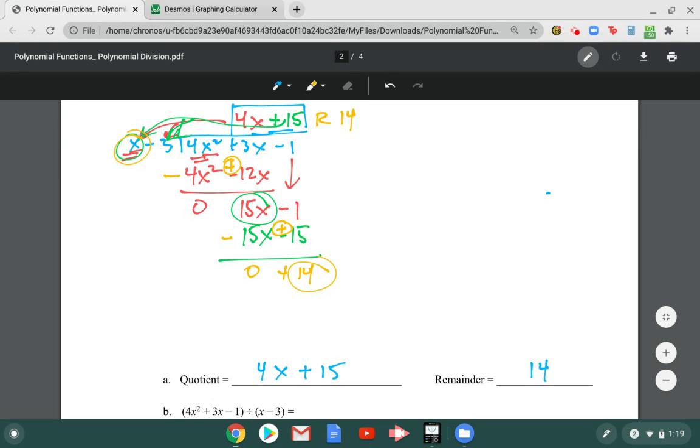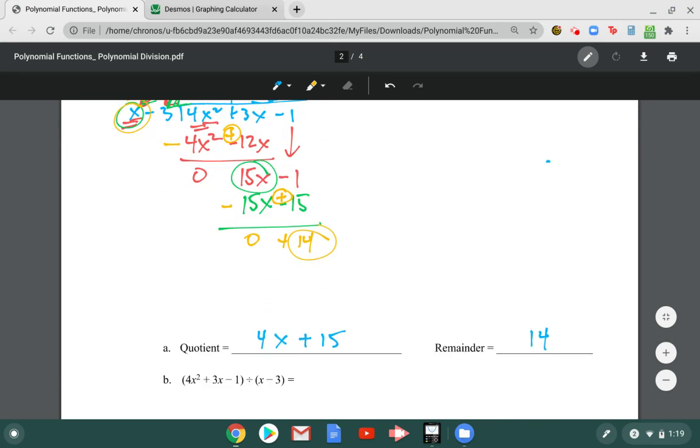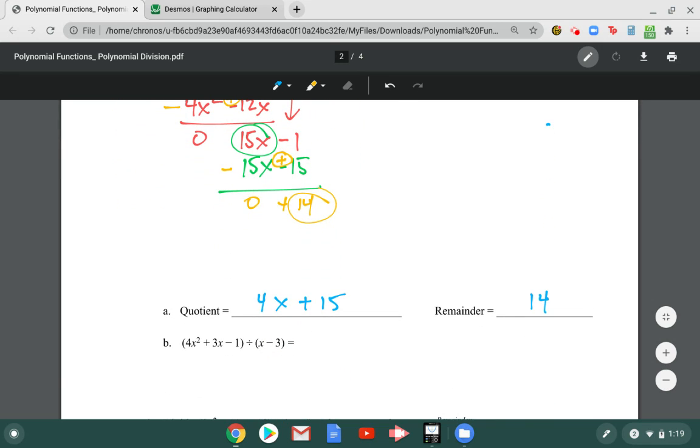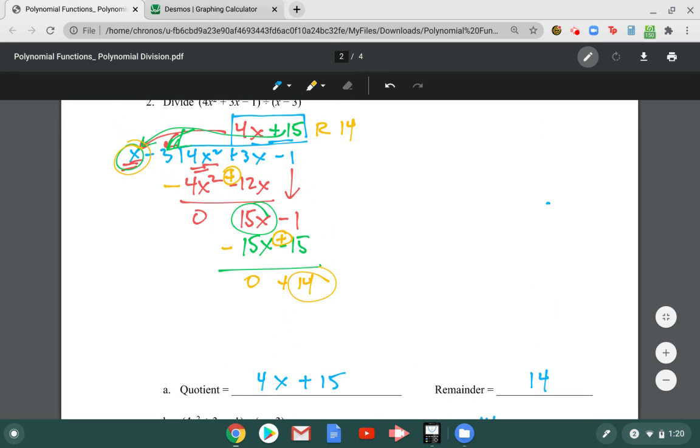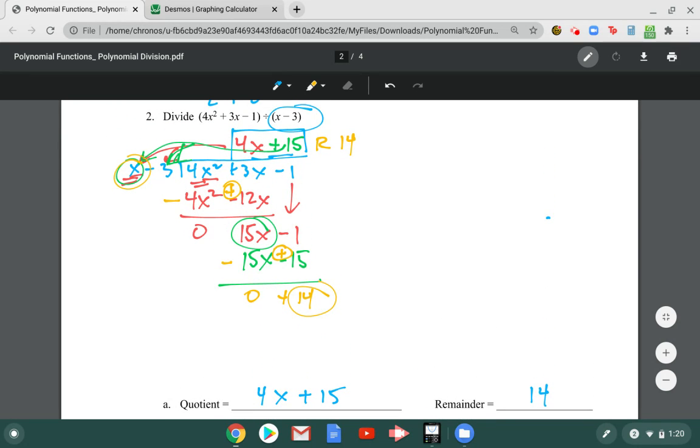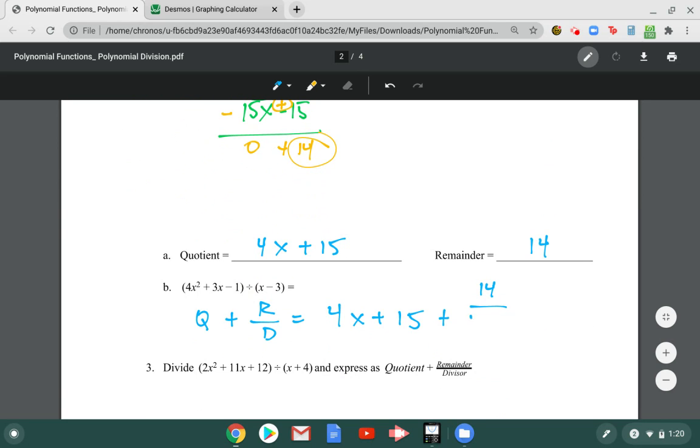Next, we want to write it in the form quotient plus remainder over divisor. So my quotient is 4x plus 15 plus my remainder is 14 over my divisor. My divisor is that x minus 3, over x minus 3.